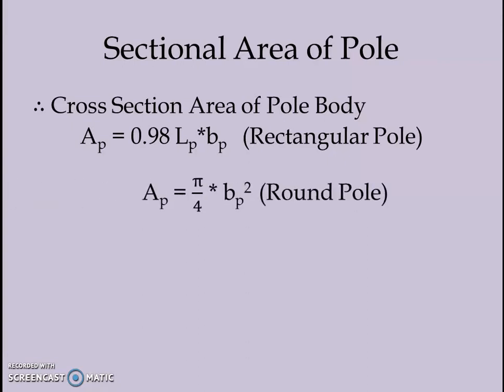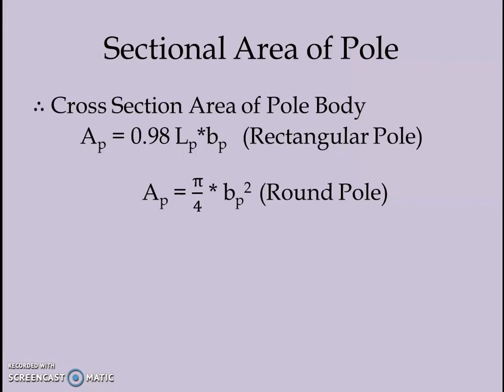We know the axial length of the pole body, as I said earlier, can normally be considered equal to the length of the stator core, and from this equation the breadth of the pole body, or width of the pole body rather, can easily be calculated.